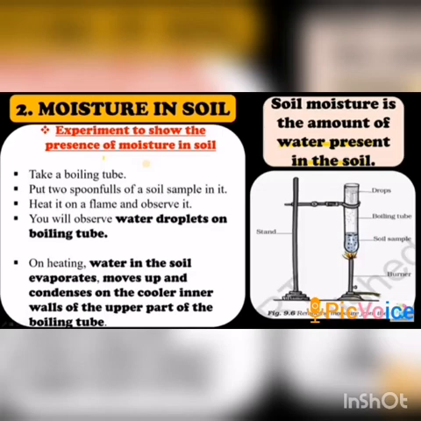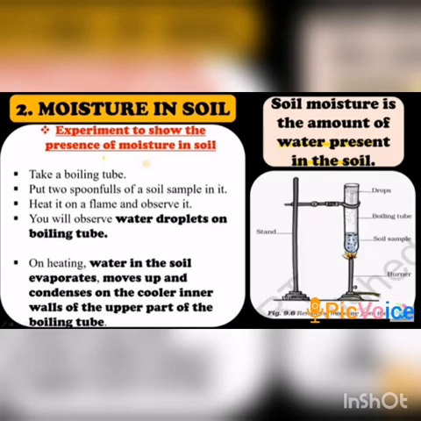You will see water droplets on the boiling tube. On heating, water in the soil evaporates, moves up and condenses on the cooler inner walls of the upper part of the boiling tube.